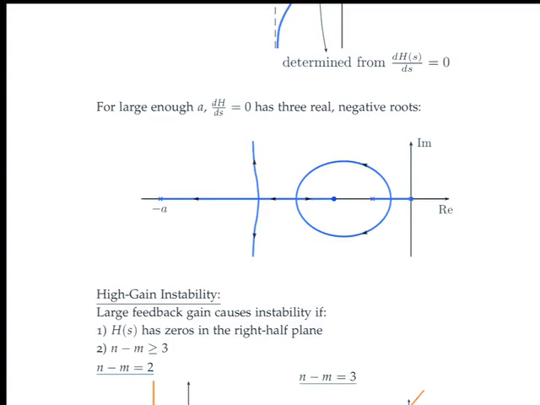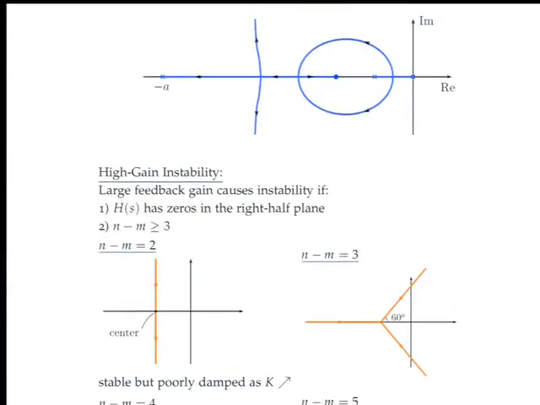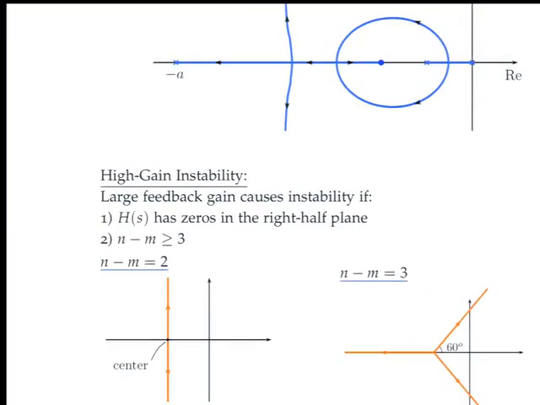For example, the question of whether or not I should crank up the gain or I should not is answered easily by one of the principles of root locus, the fact that poles go to either zeros or the infinity following asymptotes, right? So if your n minus m, if you have 2 poles, no zeros, or 3 poles, 1 zero, if n minus m is 2, on the surface, we have nothing to worry about, right?